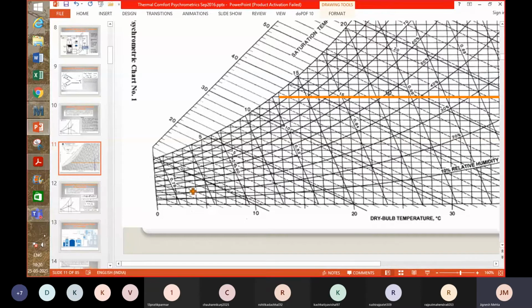This dashed line is for 5, this is 4, 3, and this one is for 2, right? So this dashed line is for 2. So 4 and 2, the point should be somewhere here. 5, 4, 3, and 2, right? So this is your point 1.